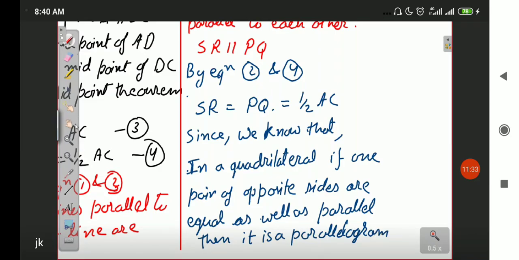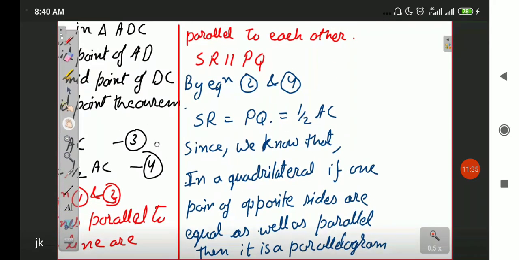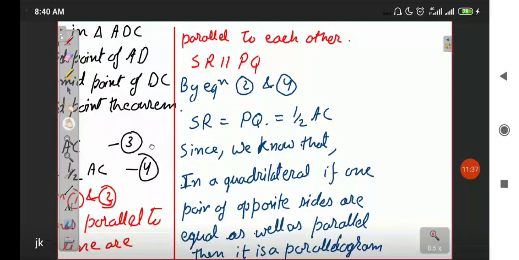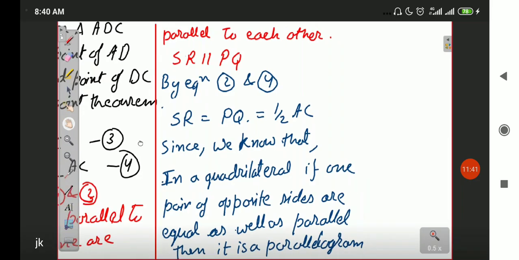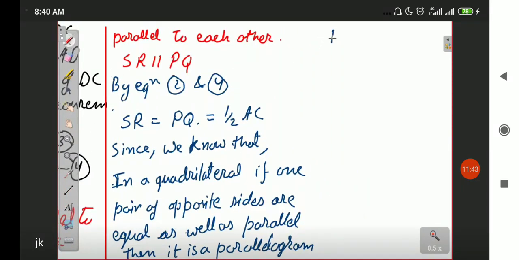Okay. So with this we have proved the first part of the question, that PQRS is a parallelogram. Let me write down. Hence PQRS is a parallelogram. Okay.